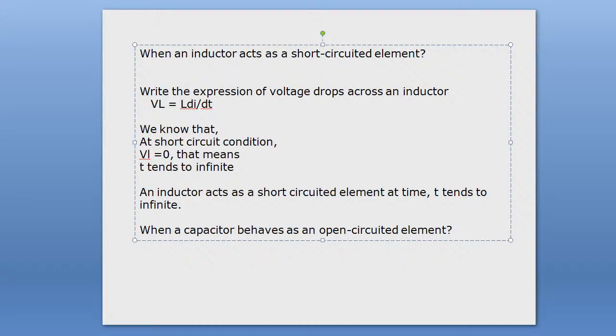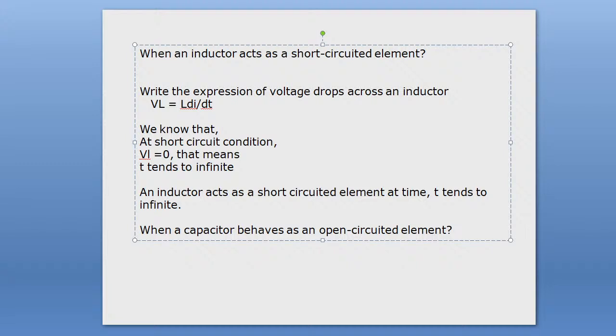When does a capacitor behave as an open circuit element?